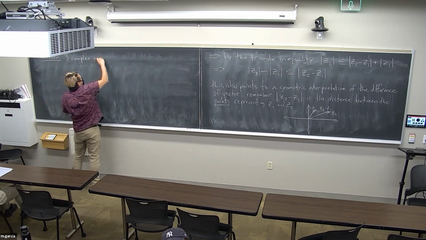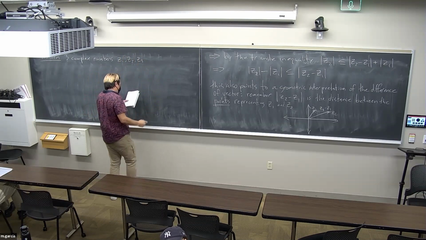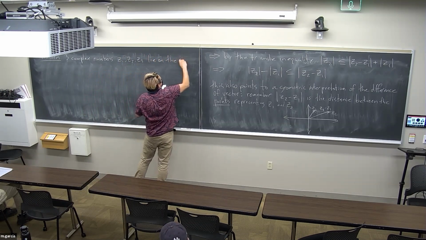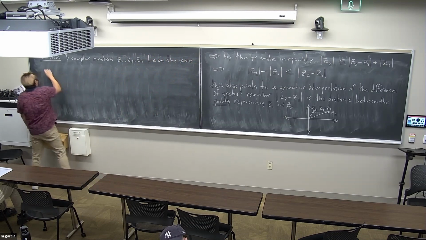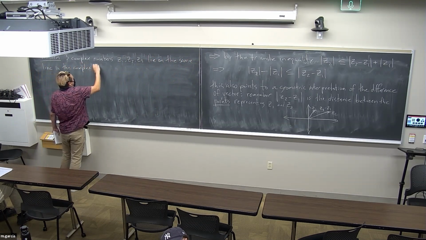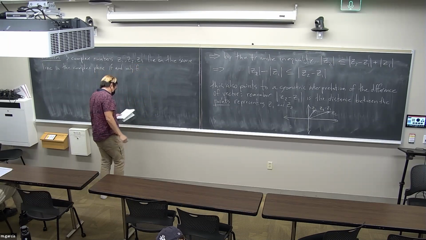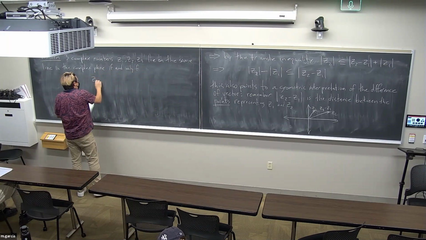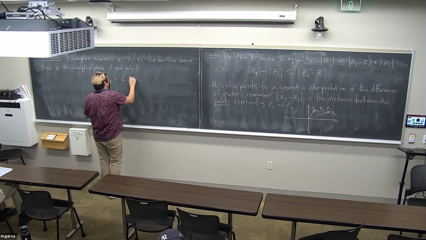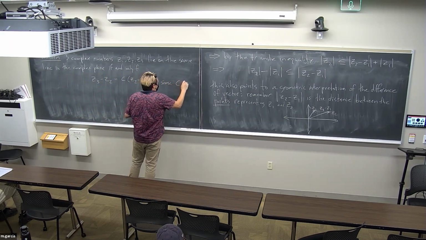Three complex numbers z1, z2, and z3 lie on the same line in the complex plane if and only if the difference of z3 and z2 is equal to c times the difference of z2 and z1 for some real number c.